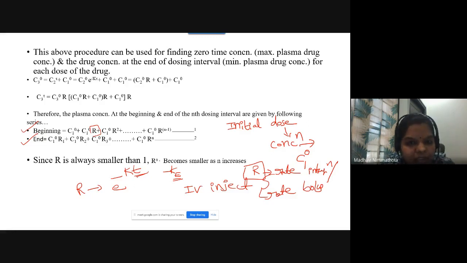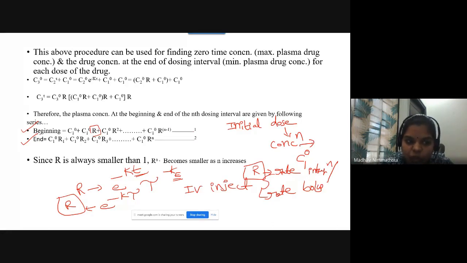In some cases, you are going to see tau instead of t. Here we are considering dosing intervals, not a particular time interval. That's why the dosing interval can be represented with tau. So e to the power of minus k tau can be replaced with capital R. Then you get equation 1 and equation 2.